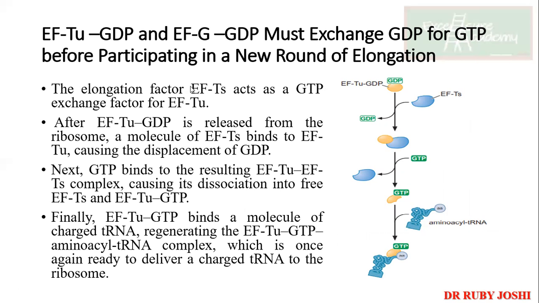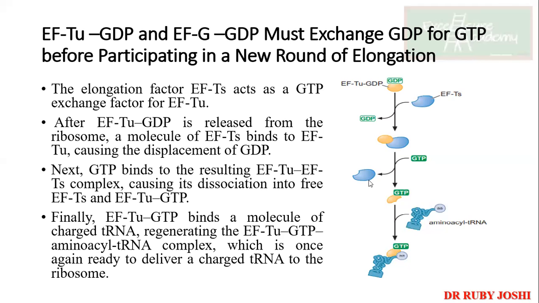Now, EF2 and GDP also need to get ready for the second round, correct? Now, who is going to help them bind to GTP again and remove the GDP? So who will do that work? EFTS, elongation factor TS. If you see over here, this yellow GDP is on EF2. The GDP is removed and your EFTS has come. Now EFTS is bound to your EF2.